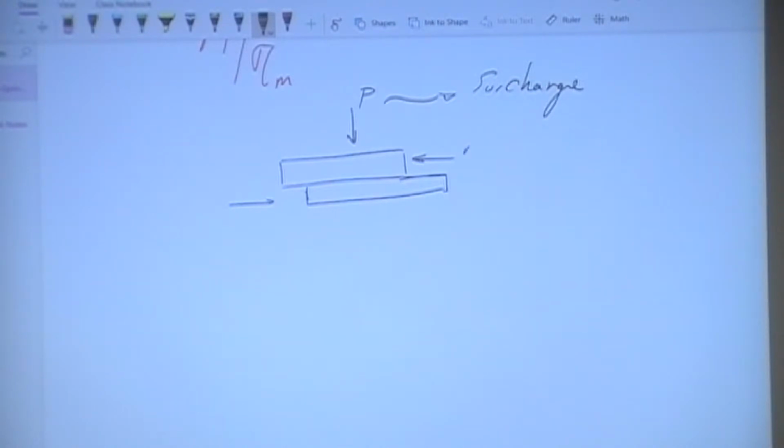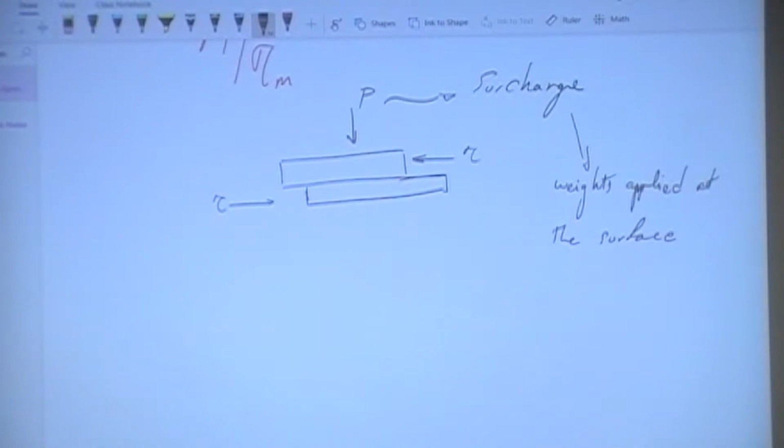And this is going to be that shearing force.